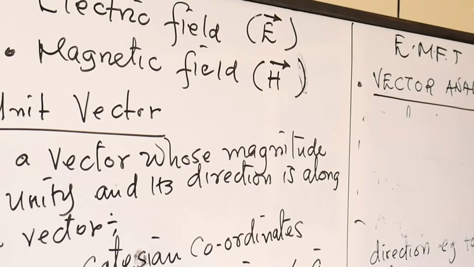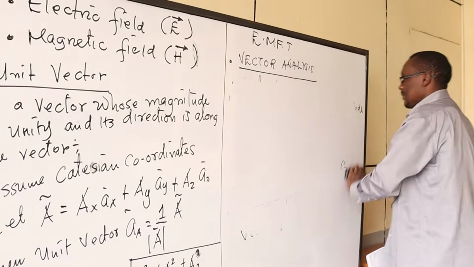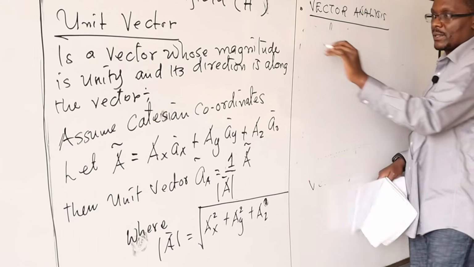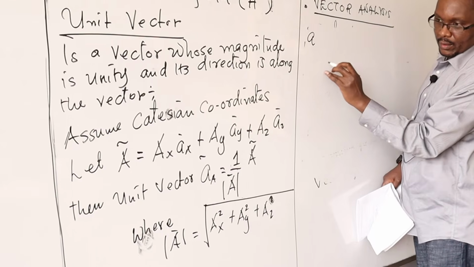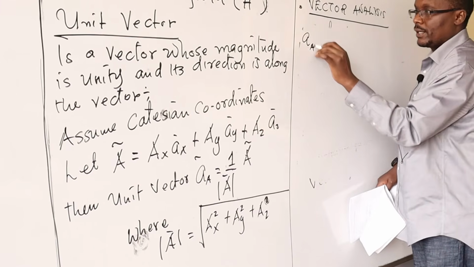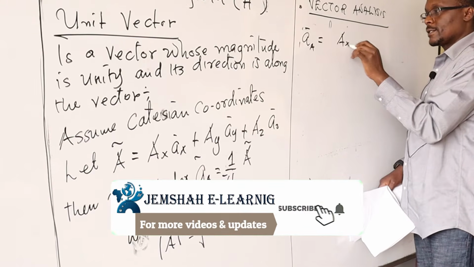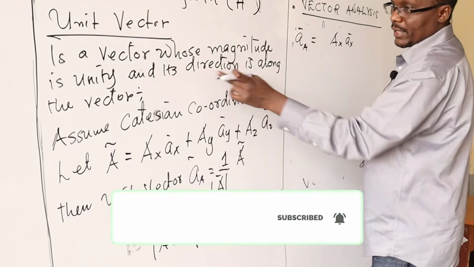Now if we are to write our unit vector, it is A of A bar, which will be AX. This is the direction we are saying, along the direction of the vector.